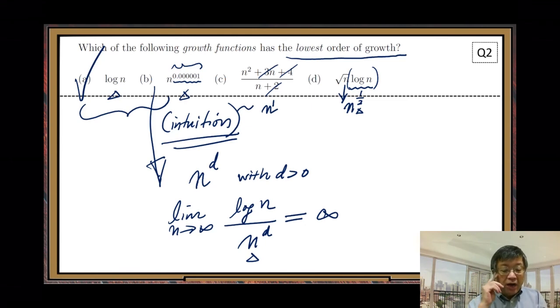So after this question, you can see that if you just make your decision based on intuition, many times you can get a wrong answer. I remember one student asked me this question before. That student tried to use a computer to estimate the value.